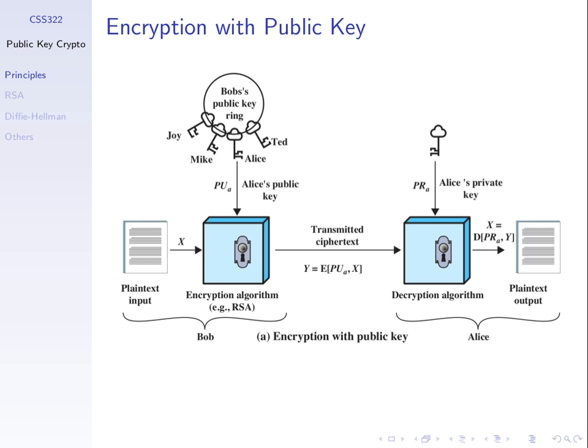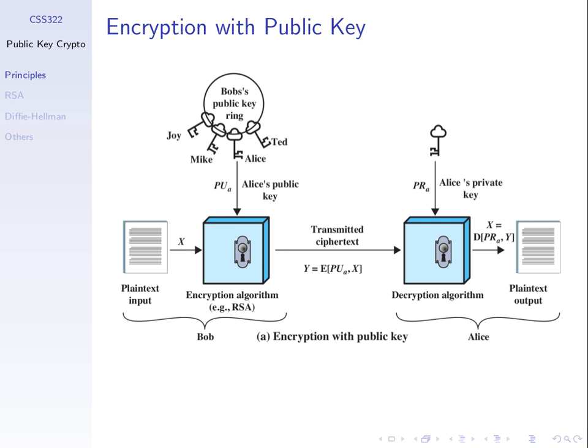He takes the input message, the plain text, applies some encryption algorithm, and there are different algorithms. We'll go through RSA, but there are others. But some public key cryptography encryption algorithm using the plain text as input and using the destination's public key as the encryption key. So since Bob wants to send to Alice, Alice has a pair of keys, public and private key.